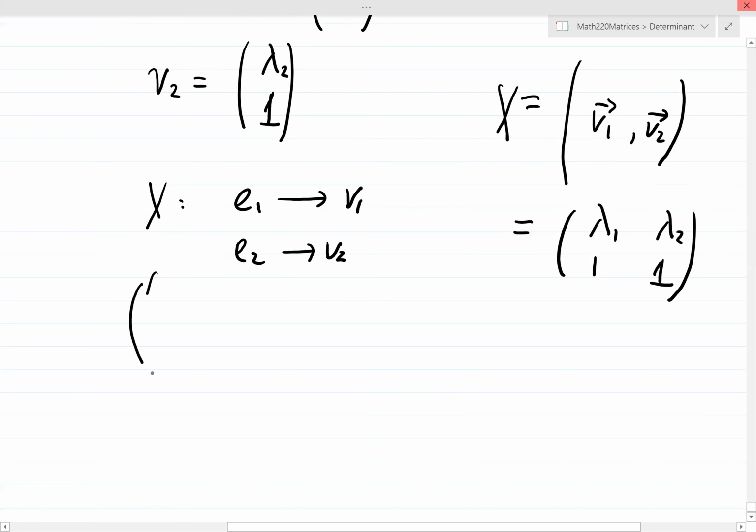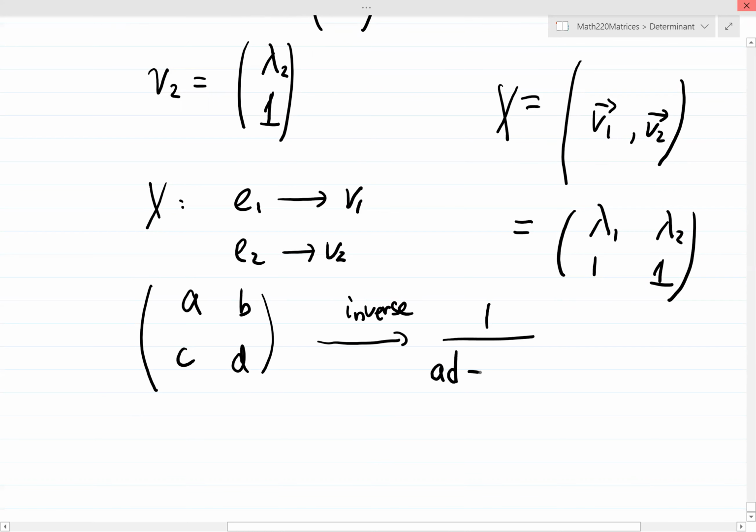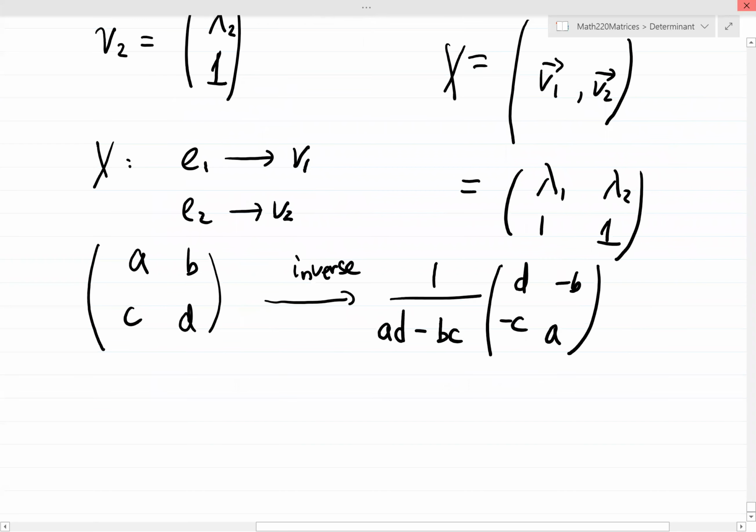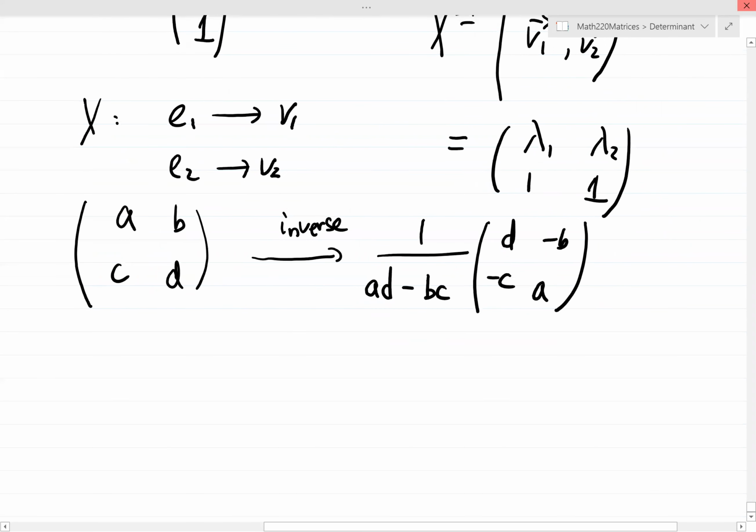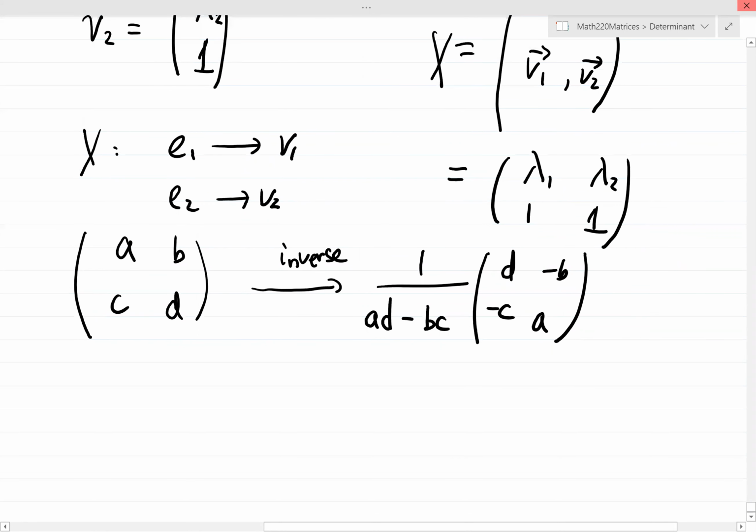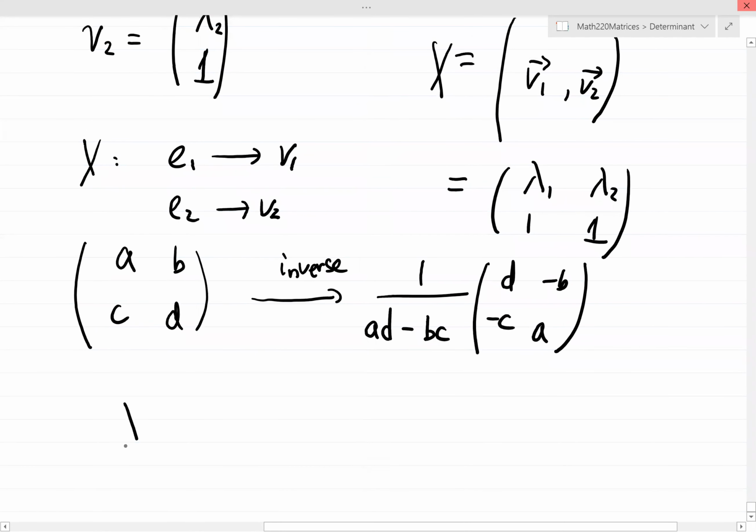Remember, by Cramer's rule, for a matrix with entries A, B, C, D, the inverse is 1 over the determinant, AD minus BC, times the cofactor matrix: D, negative B, negative C, A. With this general formula for the 2x2 inverse, since we know X, we can find X inverse.